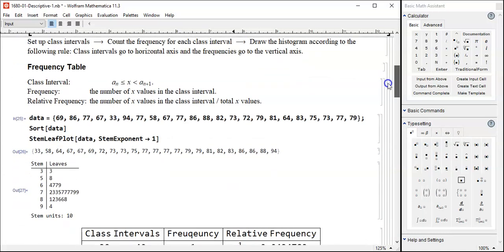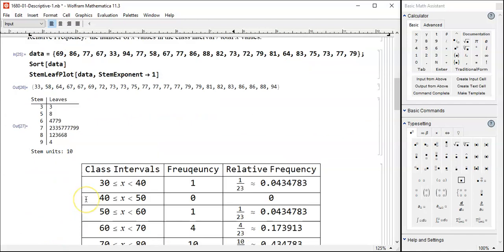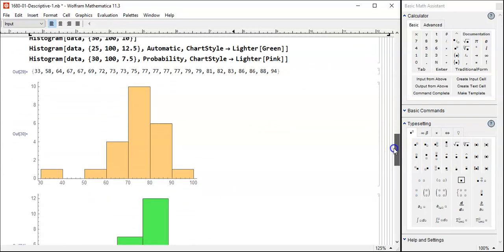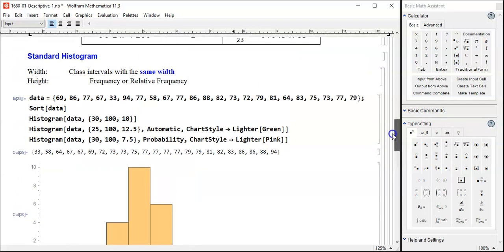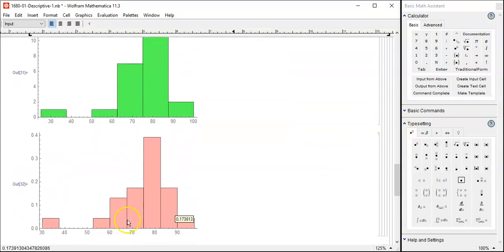Now if you go back to the stem and leaf display, it corresponds only to tens. So compared with this, you can produce a more general and better picture with histograms. Now what if you go to 7.5? If you decide to do it that way, then you get this picture.